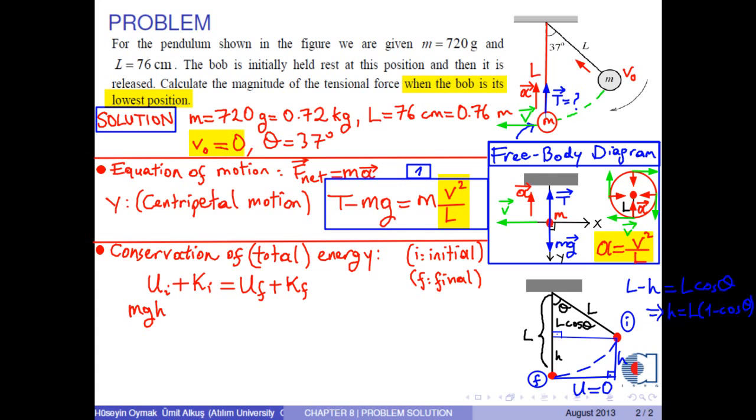Because the bob is initially held at rest, its initial kinetic energy is zero. The final potential energy of the bob is zero. And the final kinetic energy is equal to 1 over 2 times m times v squared.